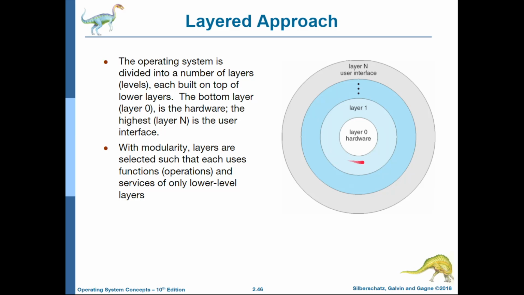Layer 1 is usually device drivers and things that work directly with device controllers. Other layers may include things like file system drivers or network drivers or protocol drivers. And usually whenever you get far enough out, you'll have the user interface. And that user interface is a layer to itself.